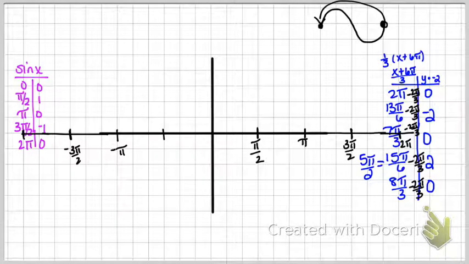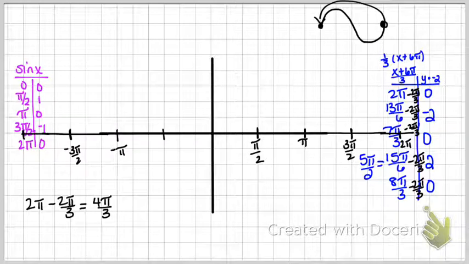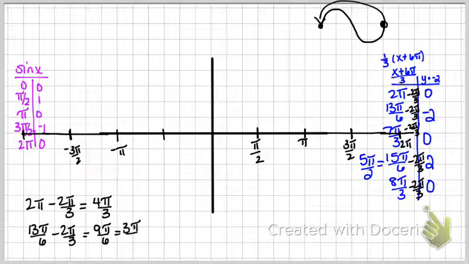Alright, so my first point was 2 pi. So I'm going to take 2 pi minus 2 pi over 3. See, that's what, 4 pi over 3? Our next point was 13 pi over 6. I'm going to subtract 2 pi over 3. And I should get 9 pi over 6, which reduces to, is it 3 pi over 2?